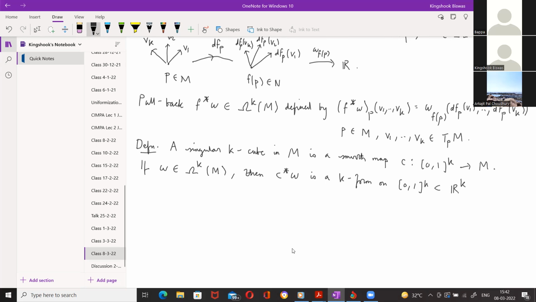We know that in K dimensions, the K forms are given by just a function times dx1 wedge dxk, right?